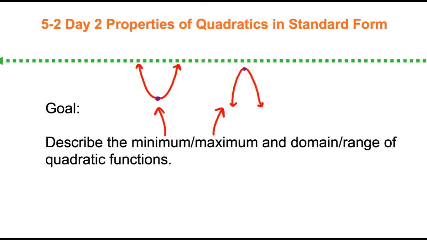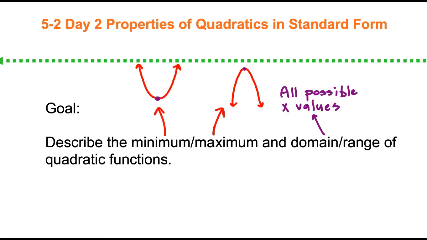Then when we talk about domain and range, hopefully you remember a little bit from the beginning of the year that the domain is all the possible x values. We also referred to the domain as the input, or the independent variable.